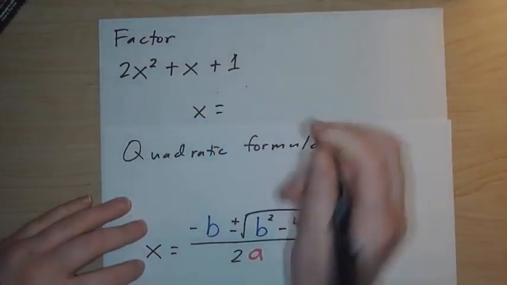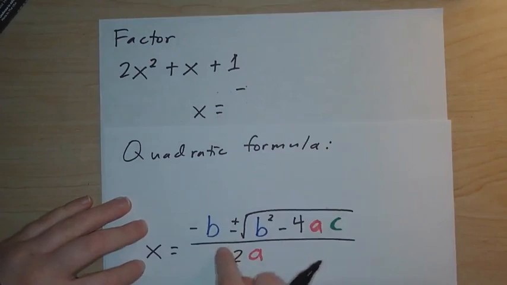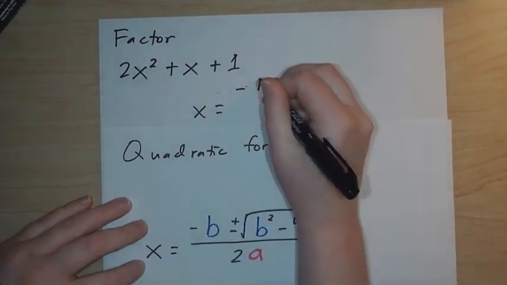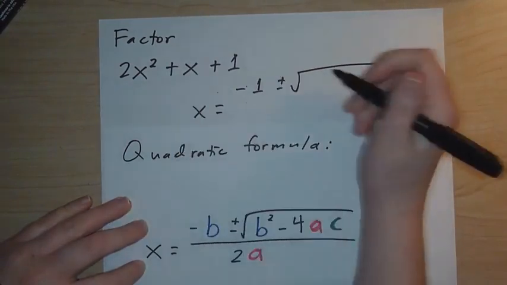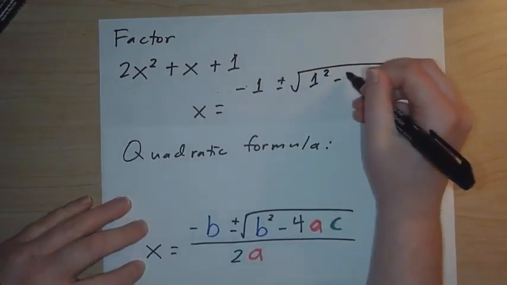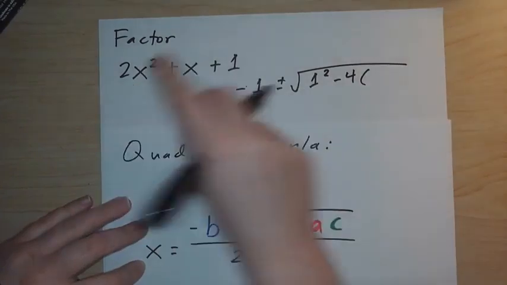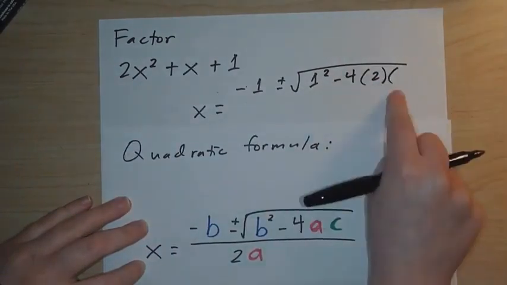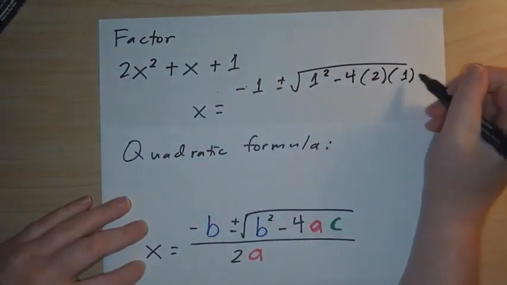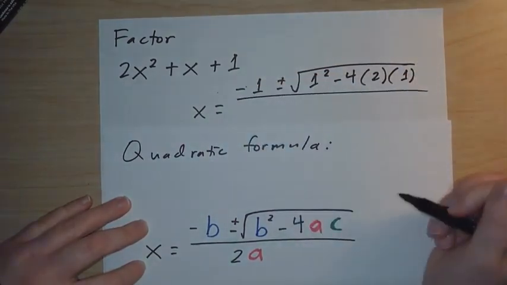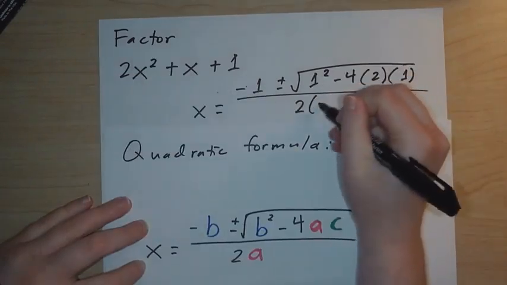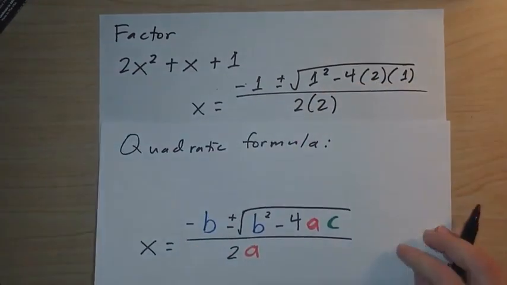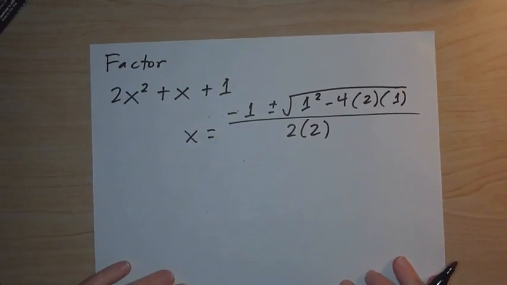So we have x is equal to negative, and our b is 1 once again, plus minus the square root, our b is 1 again, so 1 squared, minus 4 times a, which is 2, times c, which is 1, and then divided by 2 times a, which is 2. So we have this to work with.